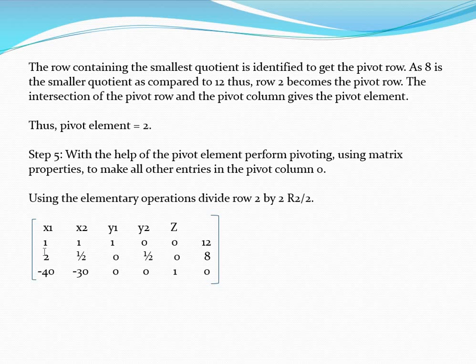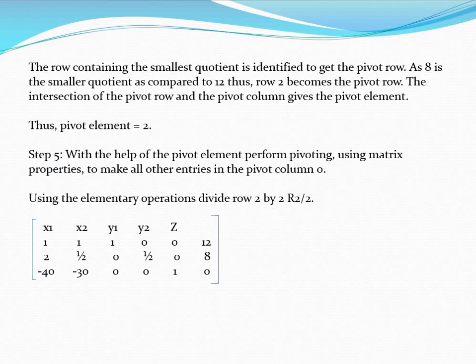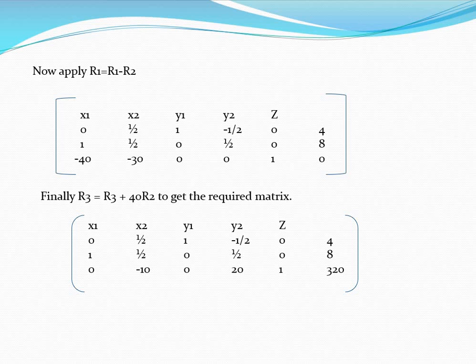What we have to do is make all the pivot column elements 0, except the pivot element. So first we have to multiply row 1 by 2, and we have to subtract.